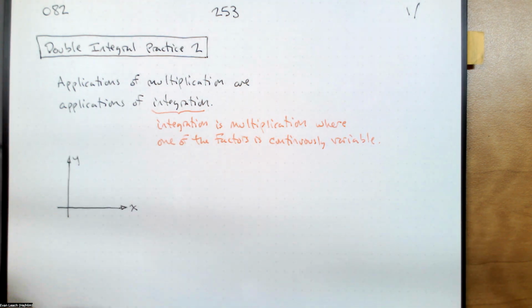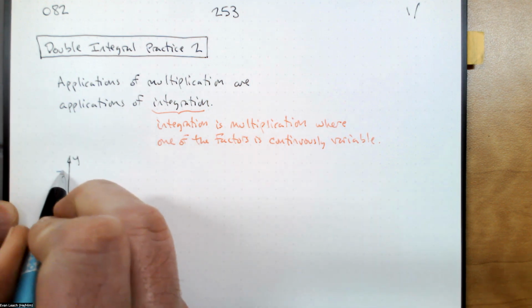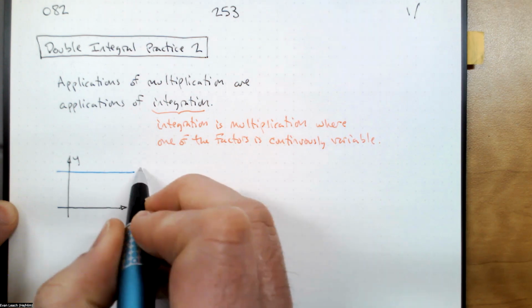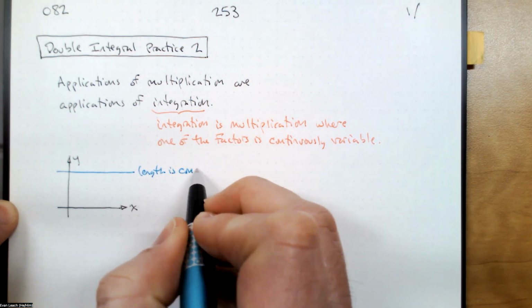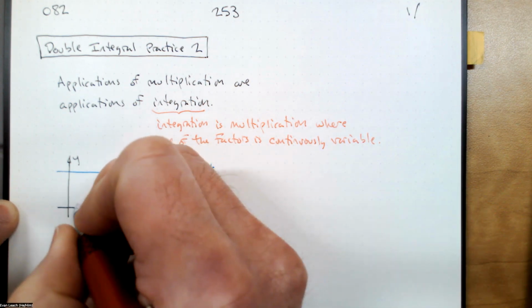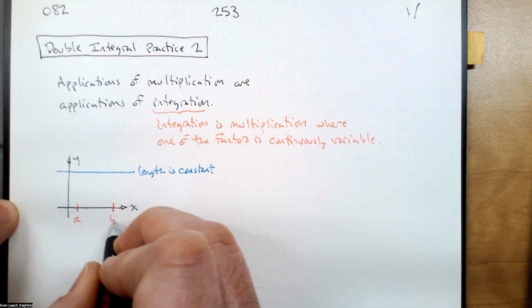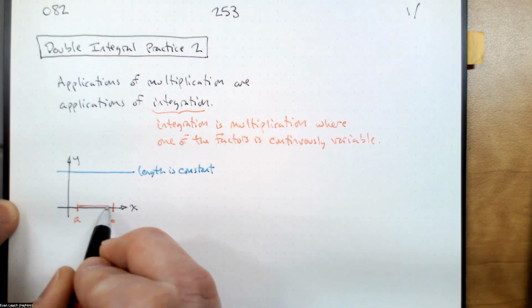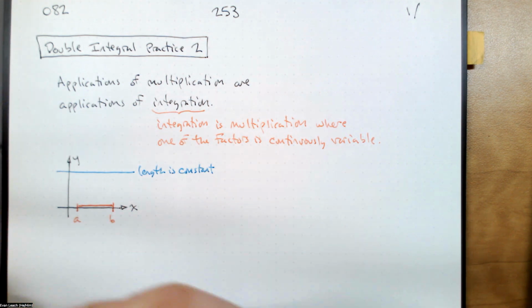When length is constant over the width, all we have to do is multiply. If the length is constant over, say, some interval, then the area is just a product.